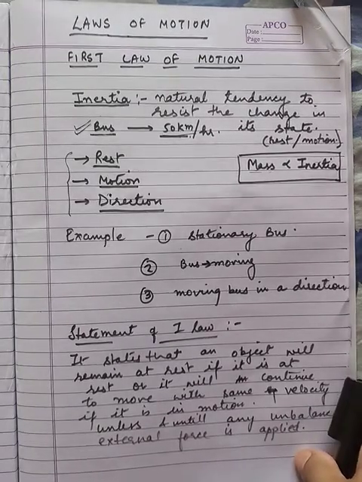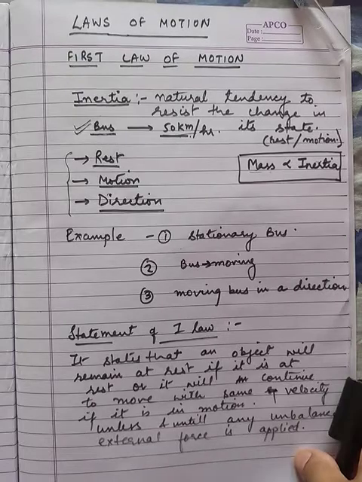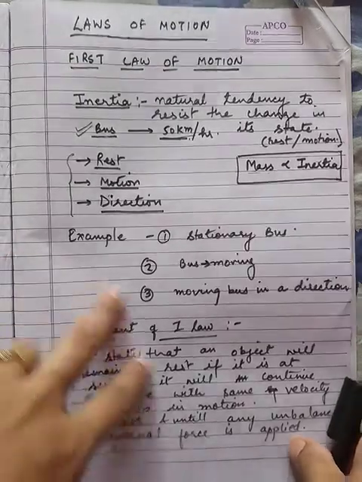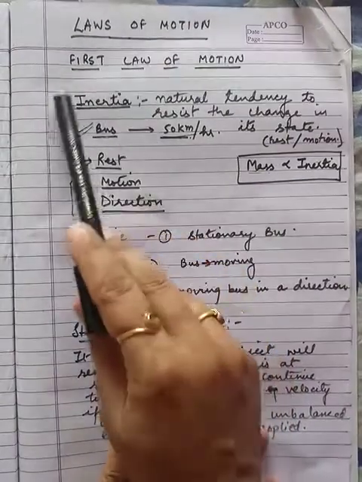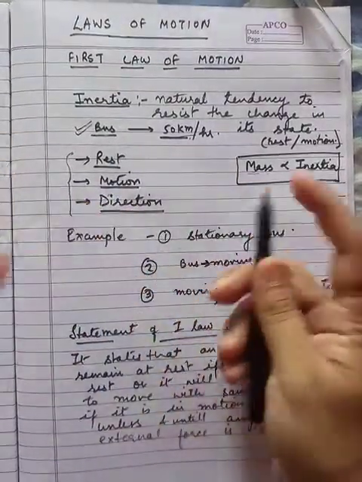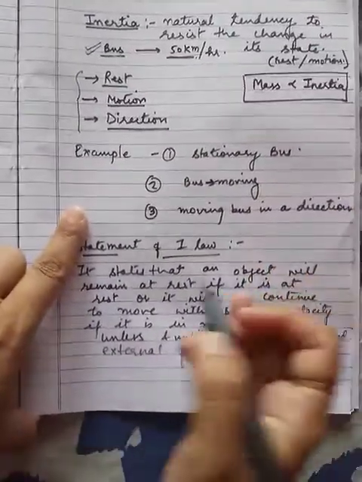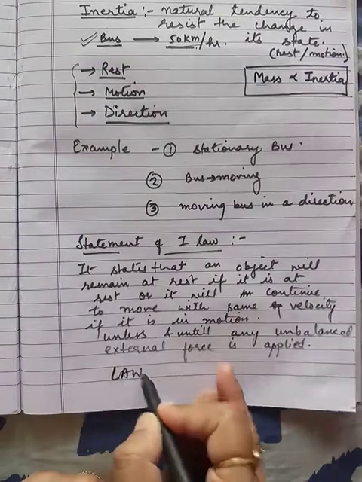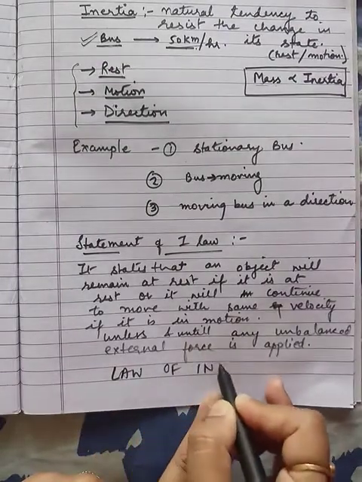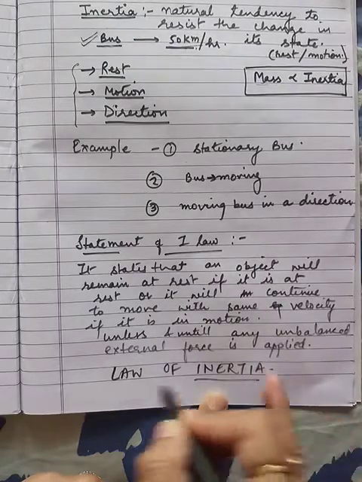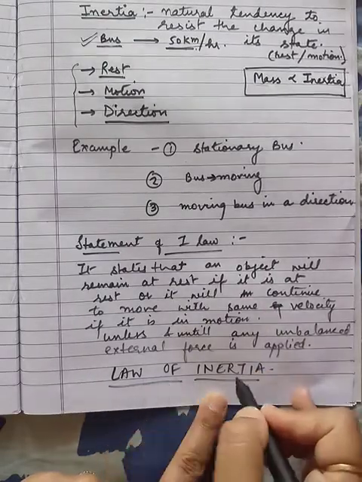So I hope you understood this first law of motion. This first law of motion is also known as the law of inertia because it is completely related to this term inertia. It is very important to know this, because sometimes a question comes based on this, that what is the law of inertia.